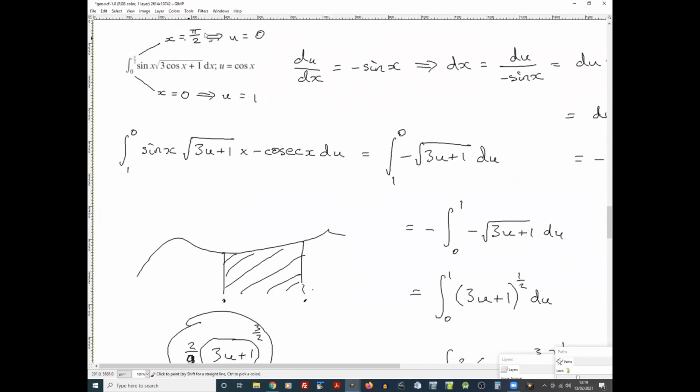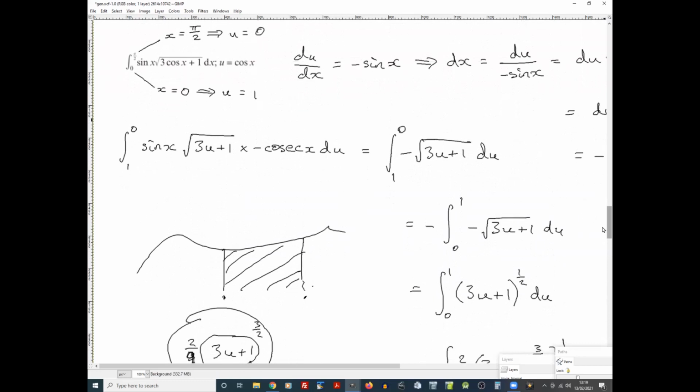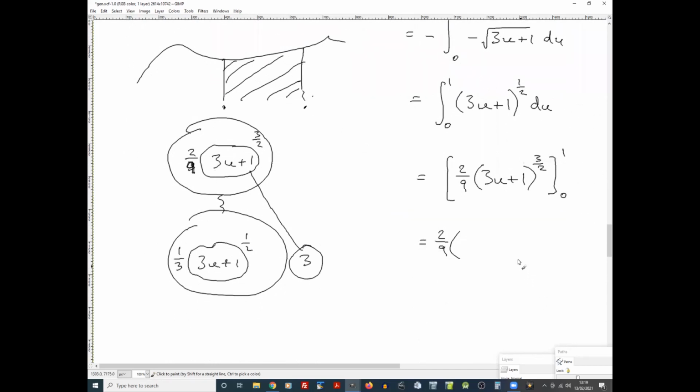We've done the consulting of the unit circle or whatever. All we have to do now is say when our u value is 1, because cos x is 0, yeah. But with a u value of 1, we just get 2/9 times what to the power of 3/2? Times u is 1. Which to the power of 3/2 is?